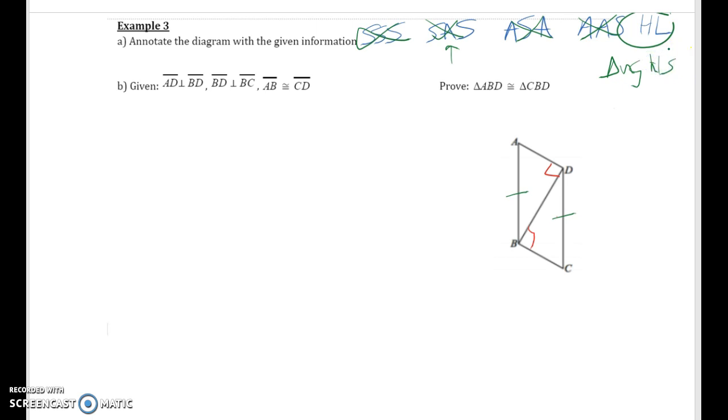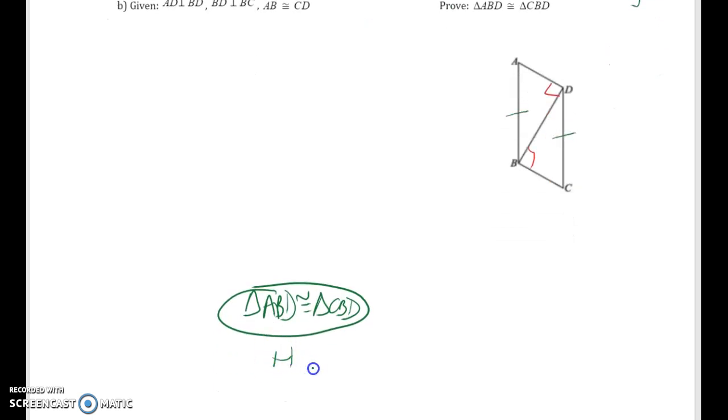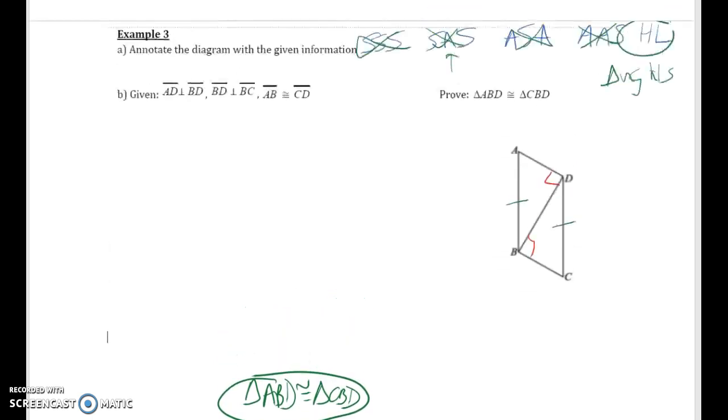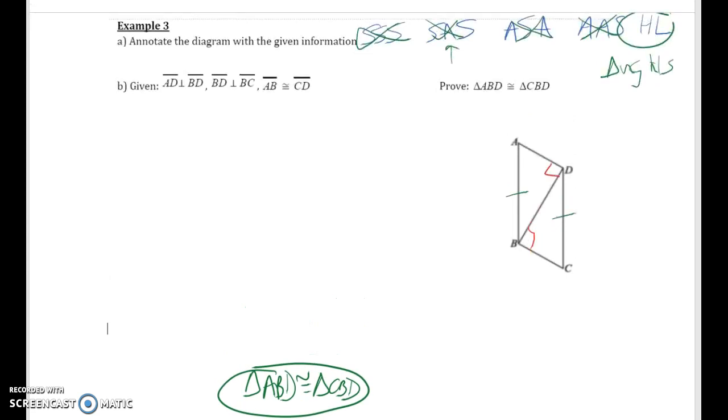Okay, so I'm going to get my final statement on there at the bottom. Triangle ABD is congruent to triangle CBD, and that is going to be by hypotenuse leg. I've deduced that from my given information. So they gave us that AB is congruent to DC, and these are the hypotenuses of the right triangles.